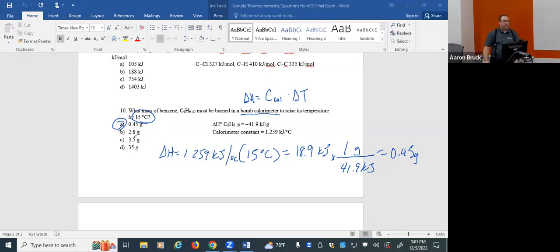So this is one of the ones where if you don't know exactly how to go about doing it, there might be enough breadcrumbs in the problem itself that you can connect the dots. So you can look at that and say, okay, well, the calorimeter constant gives me a heat value per degree Celsius. Well, I've got degrees Celsius in the problem, so if I multiply those together, I get an amount of energy.